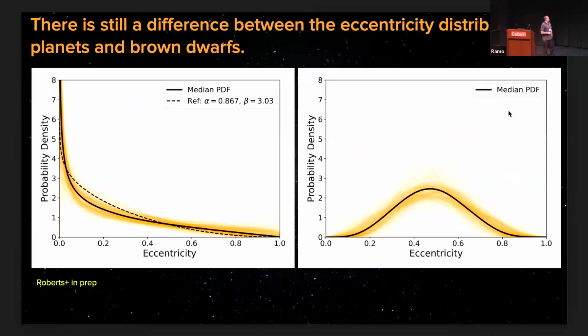Come to find out that if I use a uniform prior, the probability density for the directly imaged planets versus the brown dwarfs does change, and it is still different, even with my entire sample now. I just spent like 2 minutes talking about how using priors changes your result. This is somewhat of an issue.